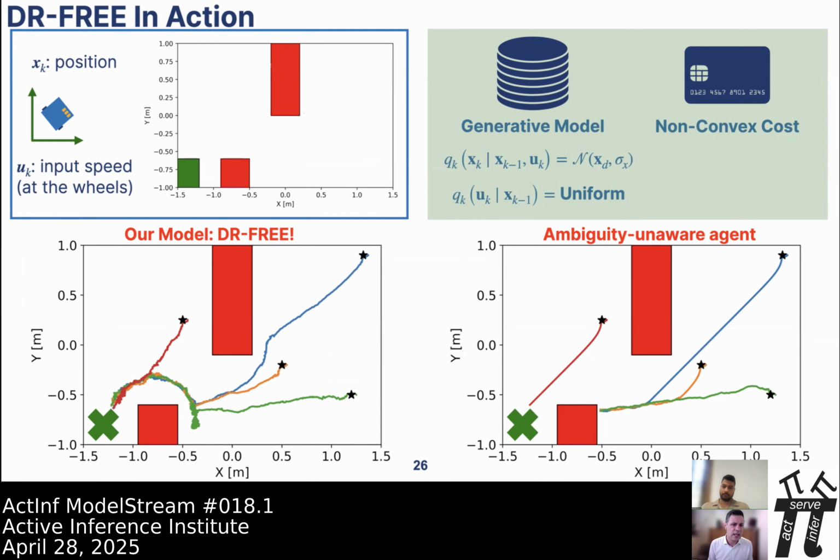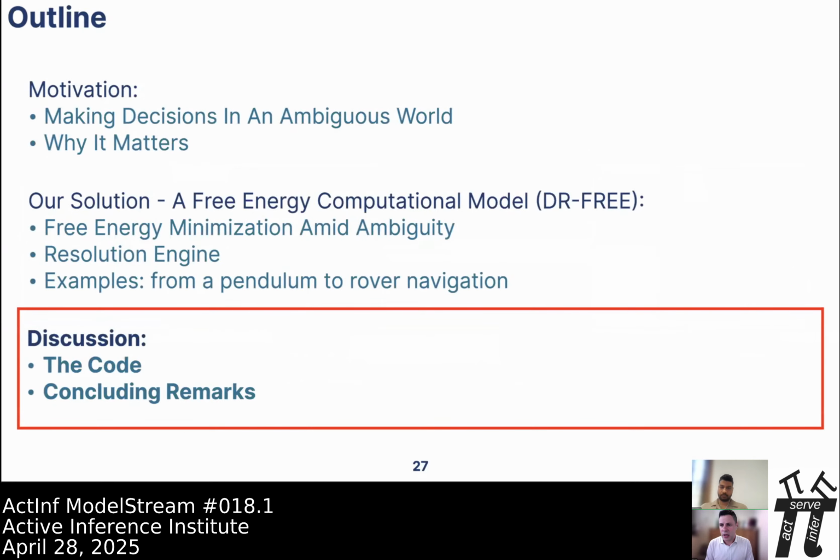Instead, on the left part of the slide, with our model, it is able to reroute in order to reach the final destination. Now, I think I gave quite a few details, and probably the best thing is to jump to the code to see it in action, unless there are questions or comments that you would like to discuss at this stage.